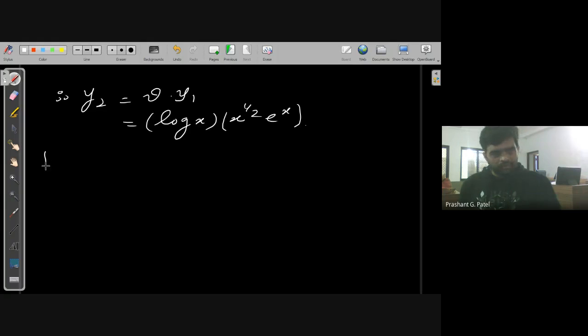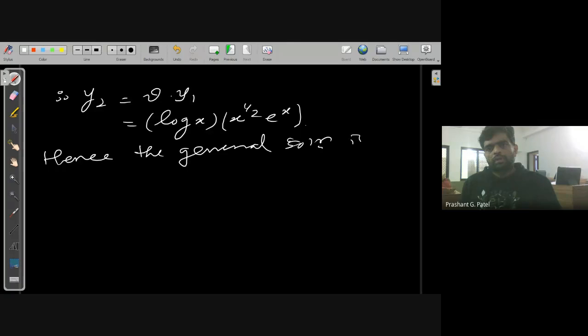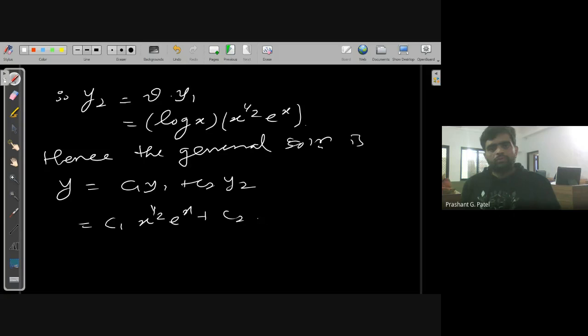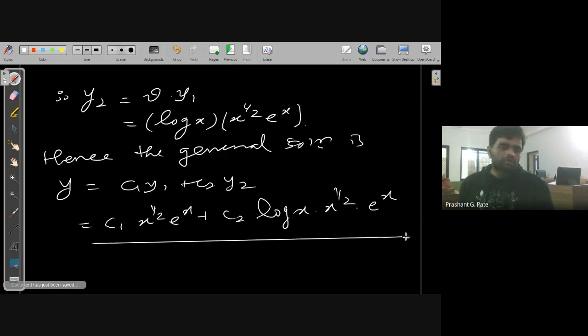So hence the general solution is y equal to c1 y1 plus c2 y2, which is c1 x power 1 by 2 e power x plus c2 log x into x power 1 by 2 into e power x. So this is the general solution for the given differential equation.